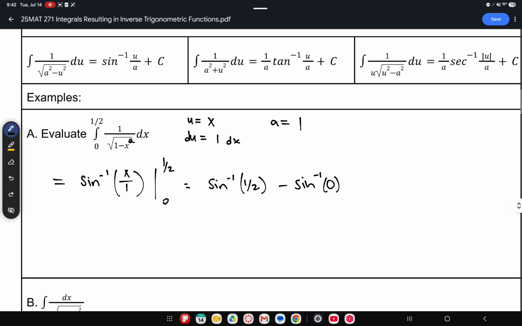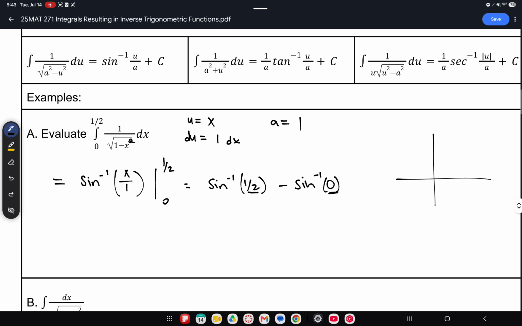The way I think about these inverse trig functions, we could plug it in a calculator and make sure we're in the right mode. Usually I do these all in radians, I should say. You could also think unit circle: where on the unit circle am I going to get an output of 1/2, or an output of 0?